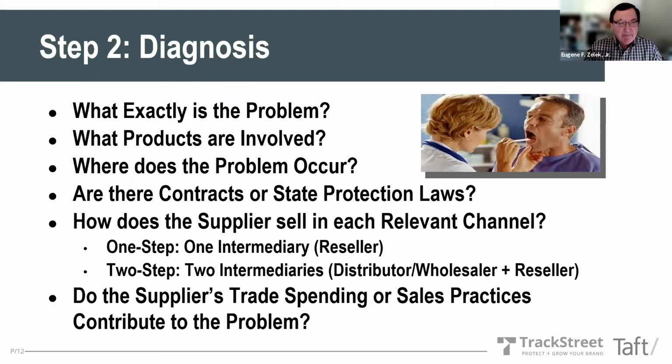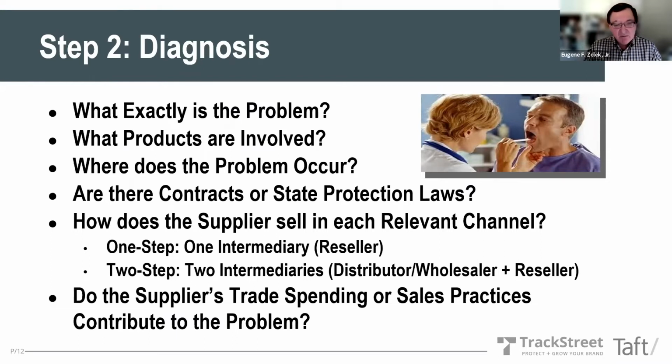Does it occur at which level? And we'll come to that in a second. Are there contracts involved or state protection laws? If a manufacturer is subject to vendor agreements that say you can't stop doing business with me except on 90 days notice, that may make it very difficult to enforce a policy that requires immediate penalties of one kind or another. Are there state protection laws?